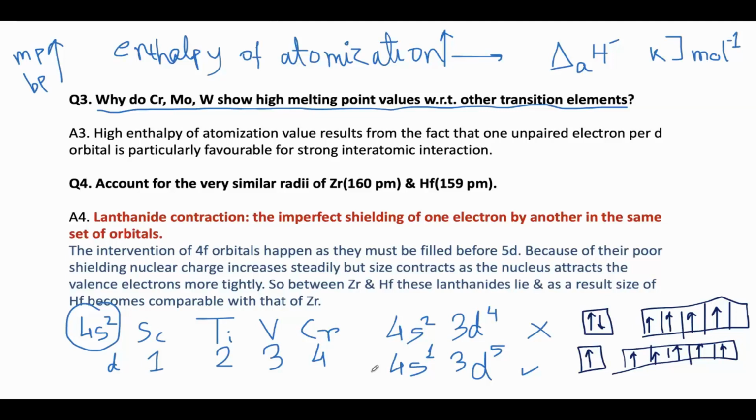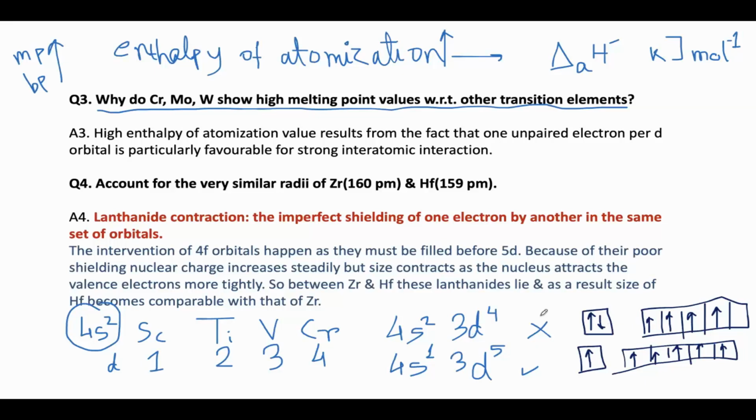Here also the half filled or the full filled orbitals will have more stability. In this configuration, the S orbital is full filled because we have S2. But the D orbital, that is D4, is neither half filled nor full filled, because the D orbital has a total of 10 electrons. So D5 or D10 will be the stable configuration. So here the stability only comes from the 4s orbital configuration.